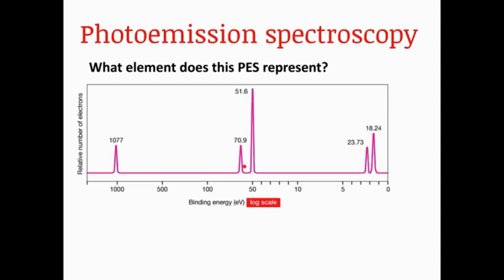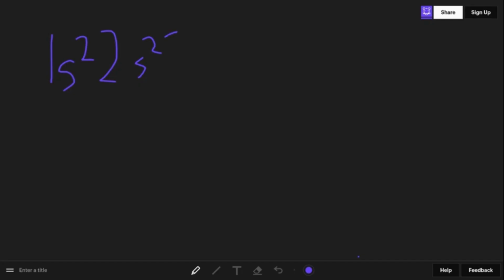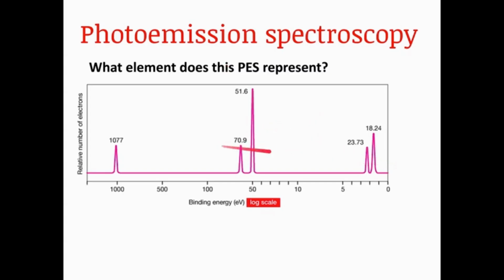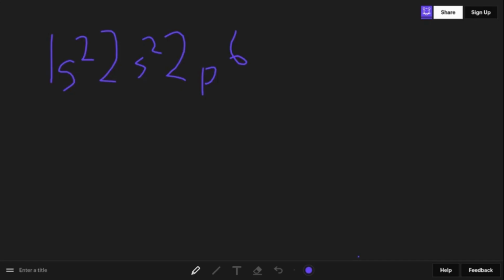Then it's 2p6, and that makes sense. If this is 2, that means this being 6 does make sense. So 2p6. Then we go here, and then this and this seem about equal, and after 2p6 comes 3s2.